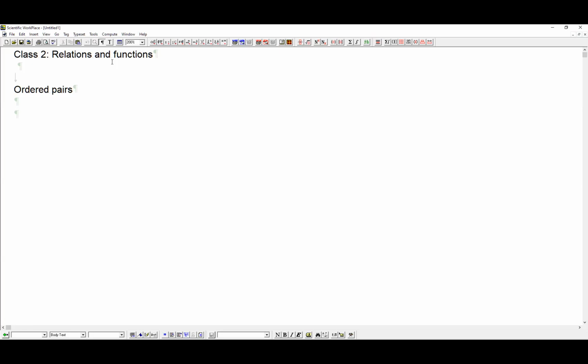Just as a reminder, in sets, does the order of elements matter or doesn't matter? Doesn't. Yes, it does not matter. So, for example, {1, 2} is the same set as {2, 1}.